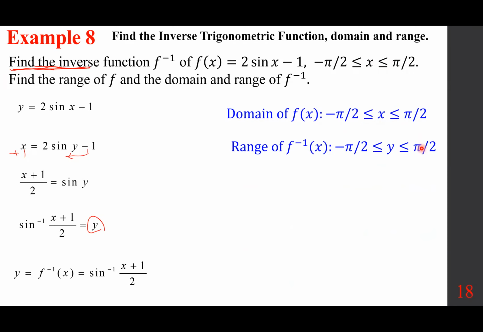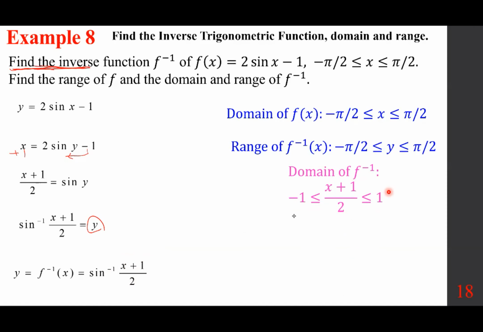So a couple of different ways of handling it. If we want the domain of f inverse, we look at f inverse. This one has to be between negative 1 and 1, right? Remember, for the inverse sine function, domain is between negative 1 and 1. So we're going to multiply by 2.